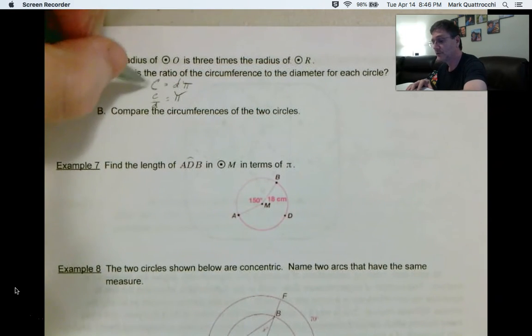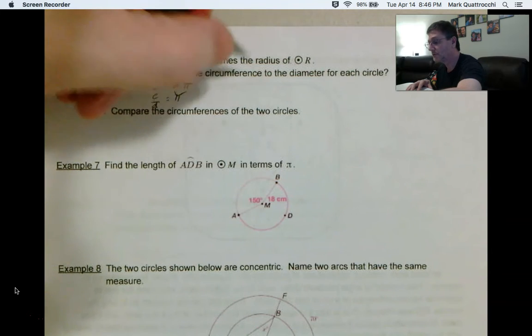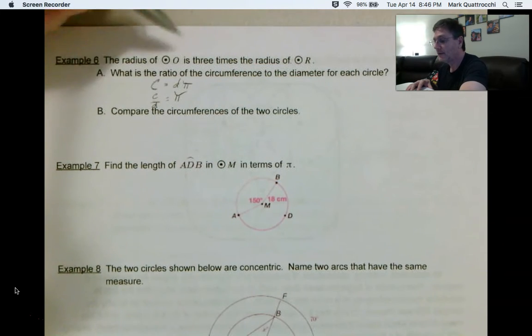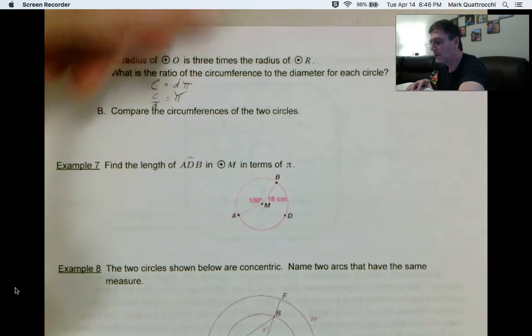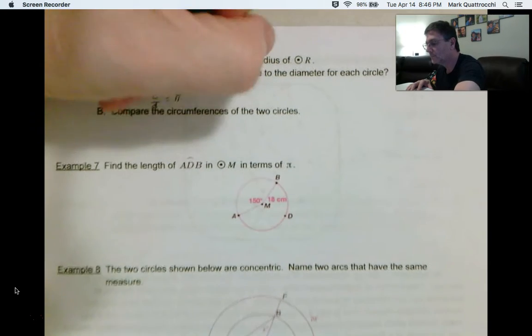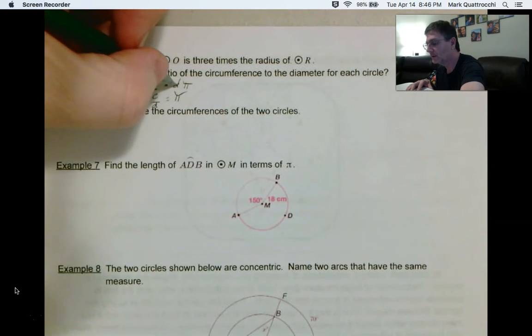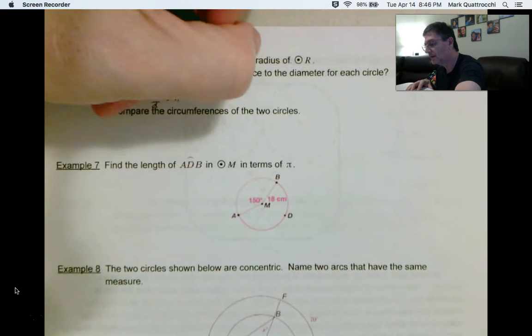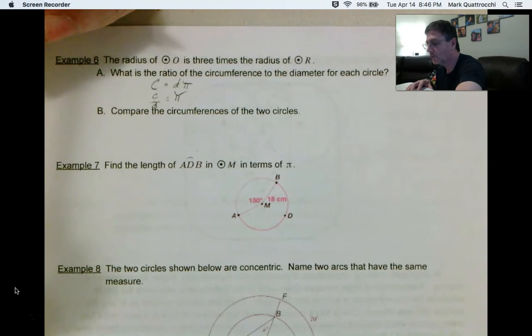That's for circle O. Circle R is smaller. So if circle O has a radius of r, then circle R has a radius of r over 3.